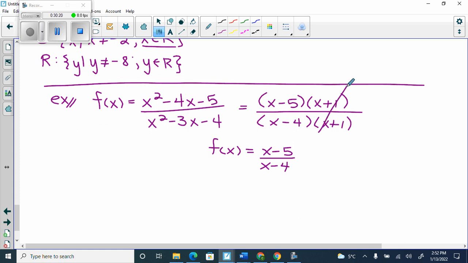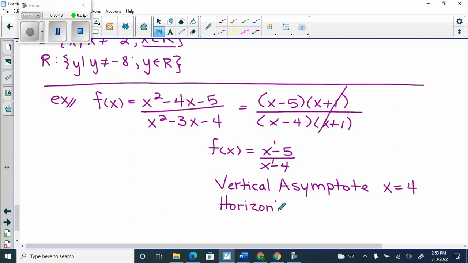And what is this? It's a rational. It's what we just did. Correct? So before we even do the points of discontinuity, let's just discuss this one. What would my vertical asymptote be? X equals 4. Yeah. The degree of the numerator is the same as the degree of the denominator, so what would my horizontal asymptote be? Nope.